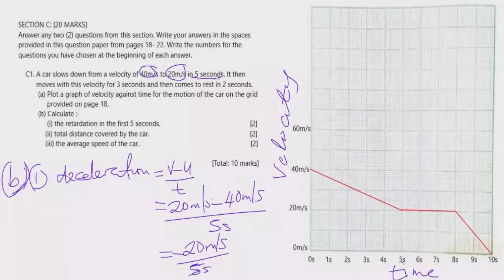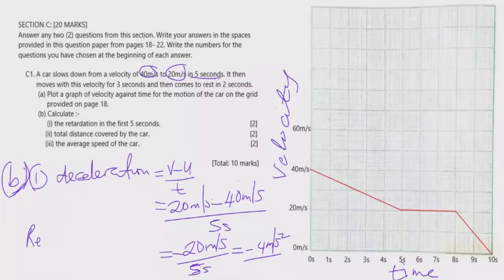Okay, so when we divide negative 20 by 5 seconds, we get the answer, which is negative 4 meters per second squared. This is the acceleration. Now we are told to find retardation. So what is retardation?